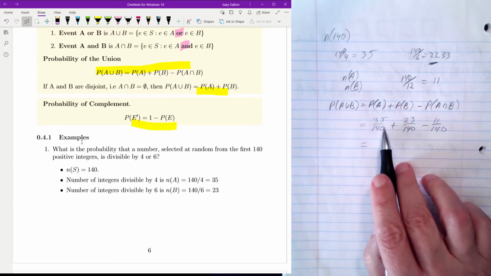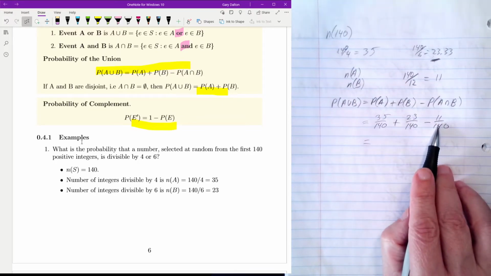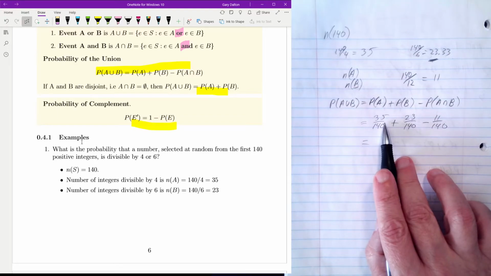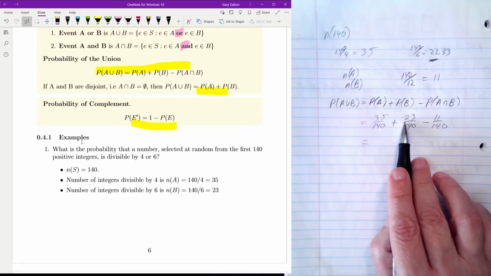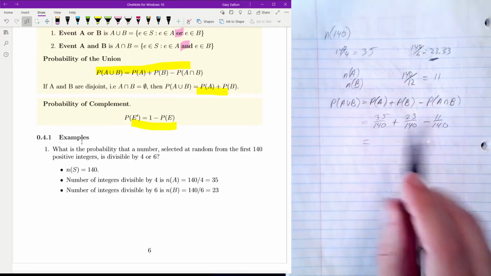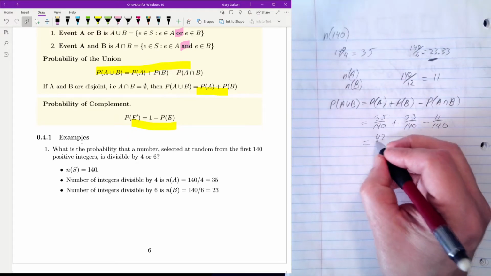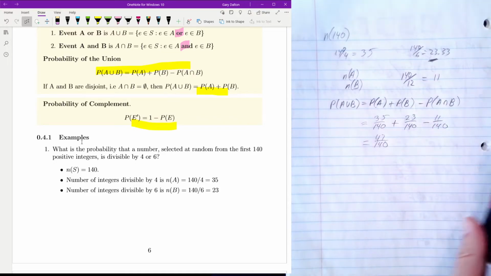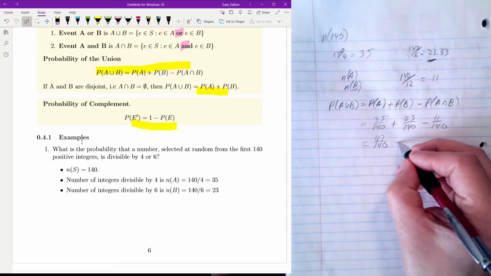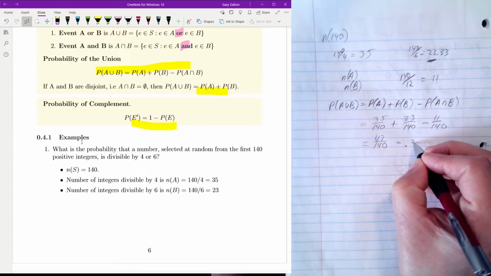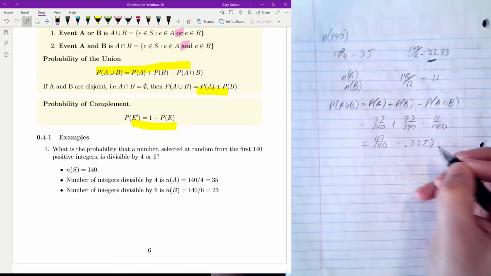And that gives us, let's see, 35, 58, so 47. 47 divided by 140, which is equal to 0.3357.